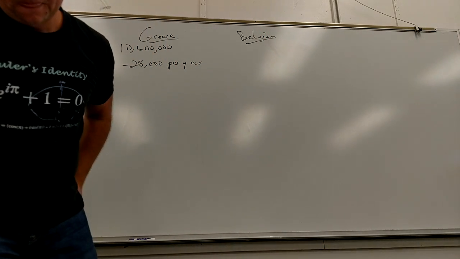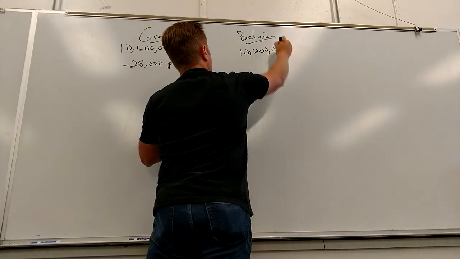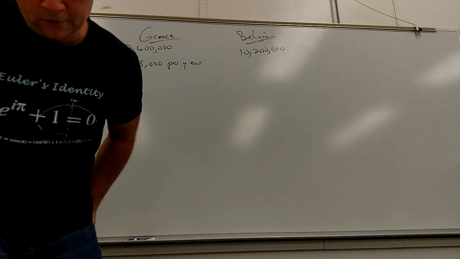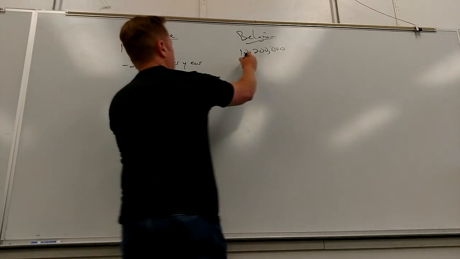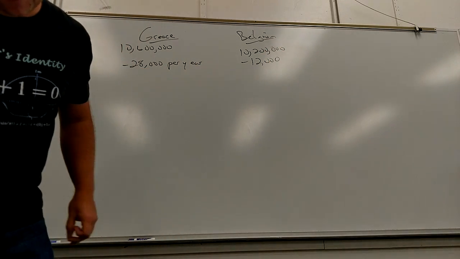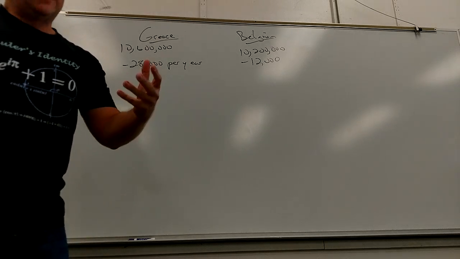Belgium, 10,200,000 with an increase. Oh, there's a decrease, but just less of a decrease. A decrease of 12,000 per year. When will the two countries have the same population?